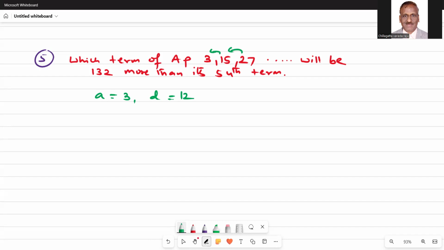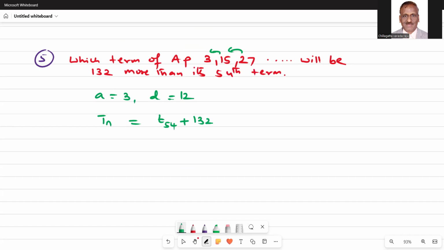So we have to find a term Tn which is 132 more than its 54th term, T54. So Tn is equal to T54 plus 132. There will be a particular term which is 132 more than the 54th term. What is that particular term? We have to find out now.